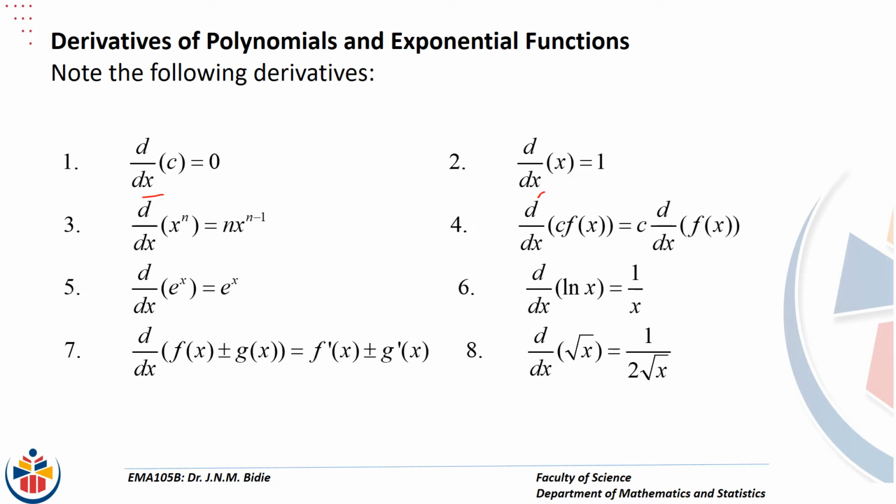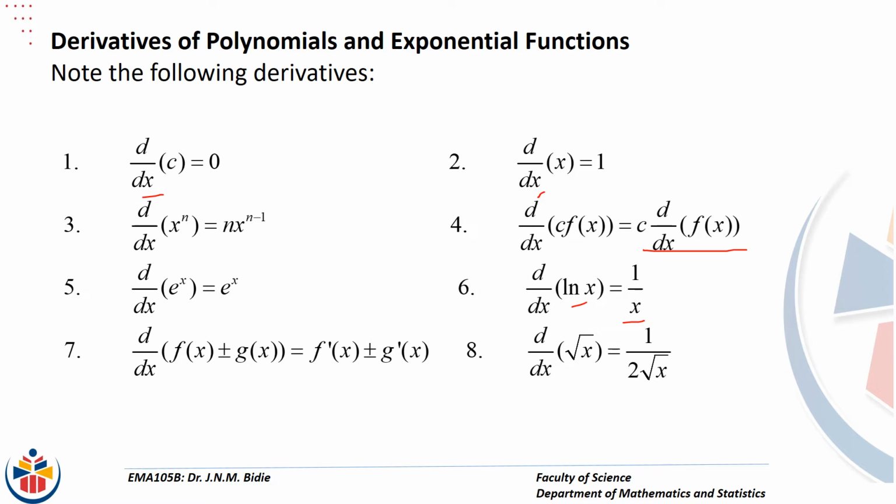Note that for rule 4, if you are multiplying a function by a constant, you take out the constant and differentiate the function. The derivative of ln of x will always be 1 over x. So that means it's 1 over the argument of ln.